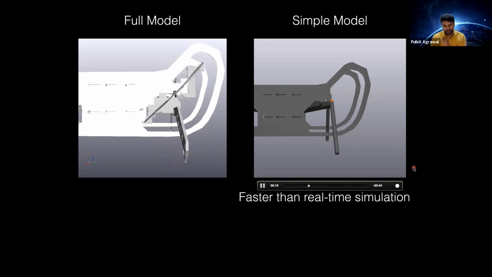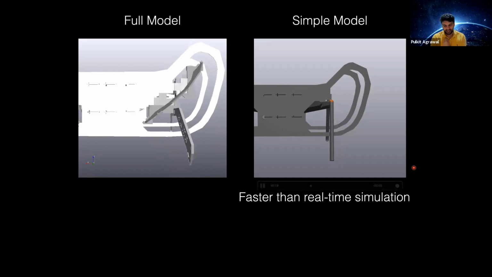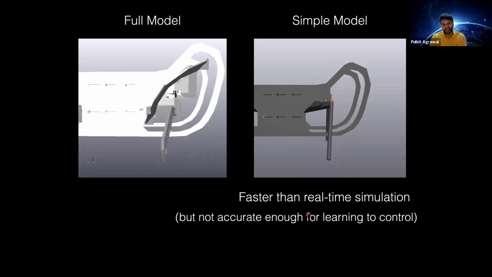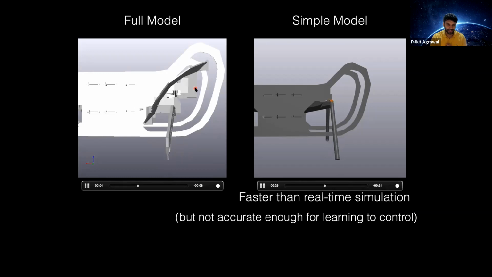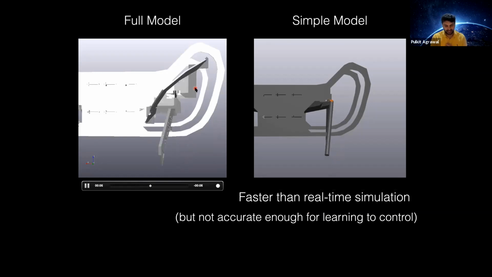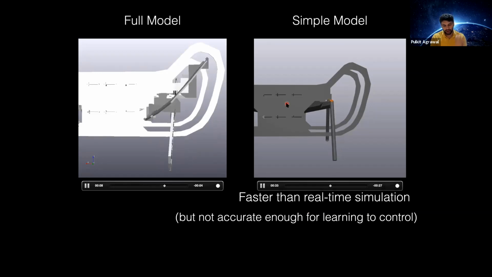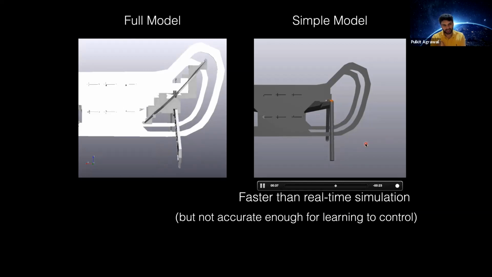Now the simplified model is faster than real-time simulation, but it is not accurate enough that if I learn policies on the simple model and then I run them on the full model, it is going to work, right? Because the policies will exploit some things about the simple model which will not work on the full model.